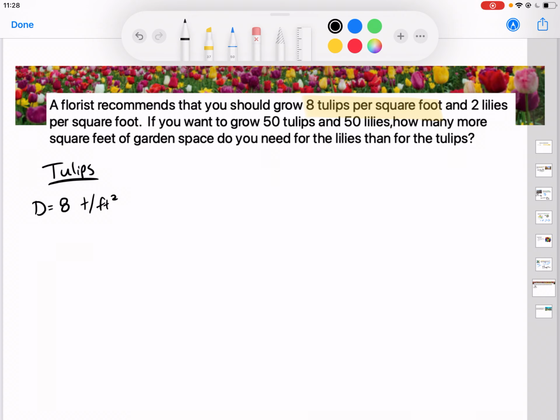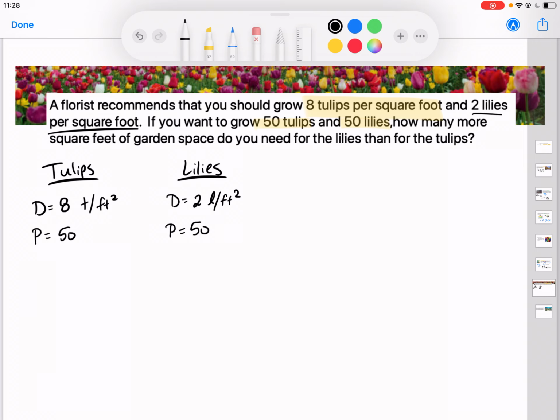And then for lilies, I'm just trying to organize it, our density is 2 lilies per square foot. I'm just simplifying. So we want to grow 50 tulips and 50 lilies. So that's our population. We want 50 of each.